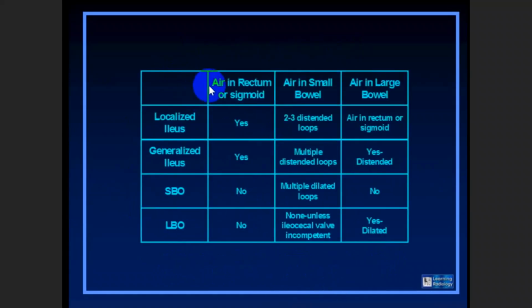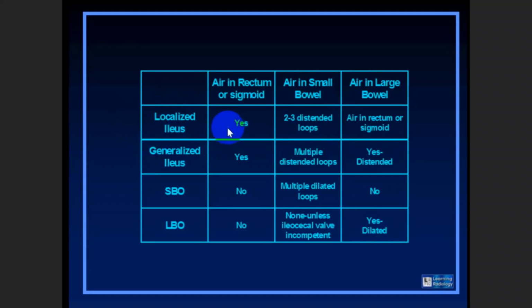We have air in rectum or sigmoid in localized ileus. Yes, we can visualize air in the rectum and sigmoid, and air in small bowel from 2 to 3 distended loops. In cases of localized ileus, that means there is a local area in the ileum that isn't innervated.